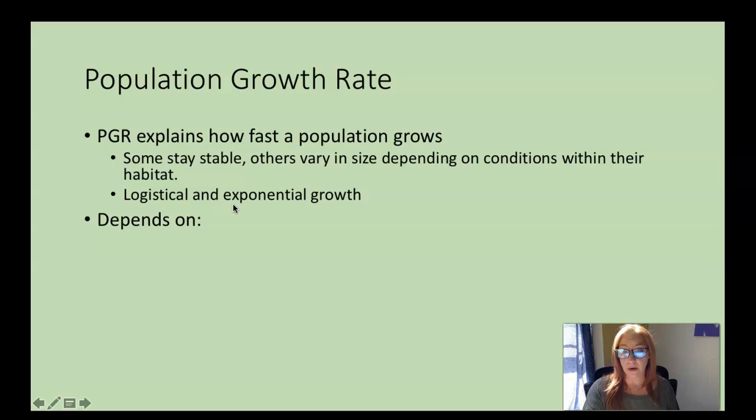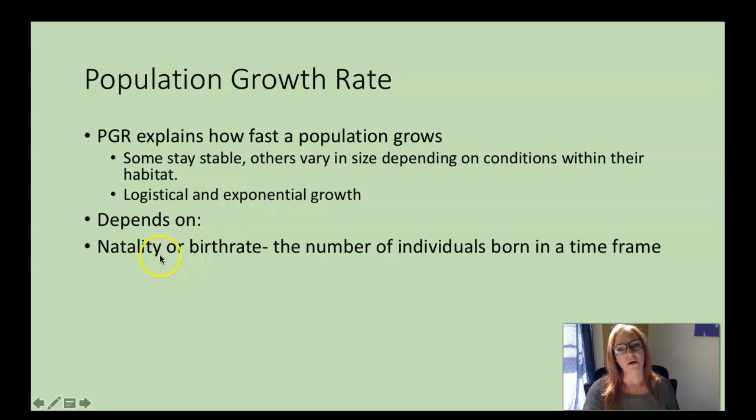And that is something that you are going to be learning about and looking at in your assignment for today. Okay? It also depends on how many are coming and going in a population. We call that the following: natality, or birth rate. Those mean the same thing. It's how many are born within a certain time frame, whether that's a decade, a year, one reproductive cycle, which some organisms might have more than one of per year.